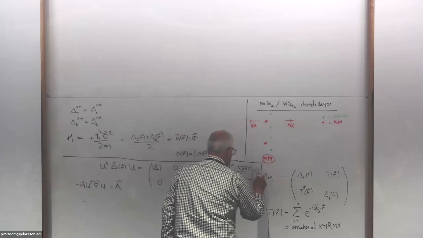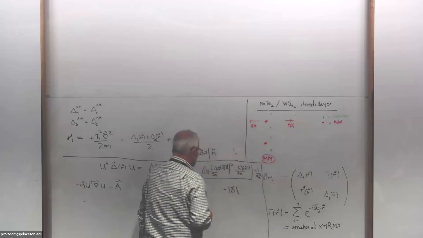There are coupling terms that are small when the moiré potential is long.